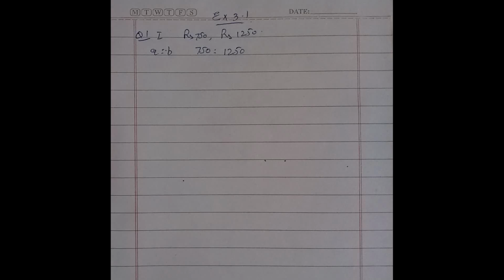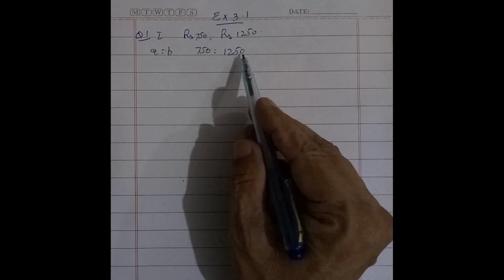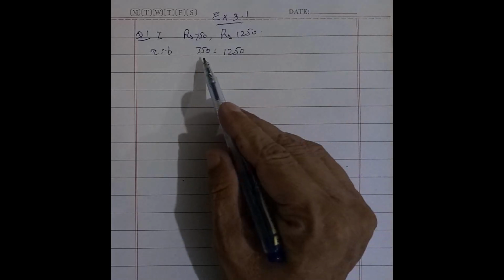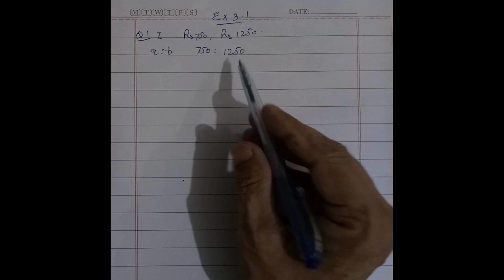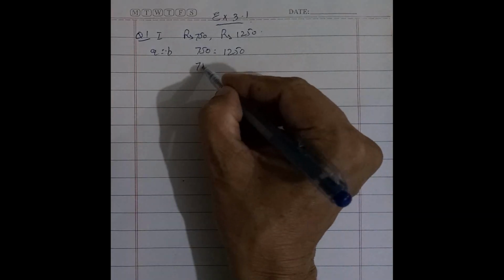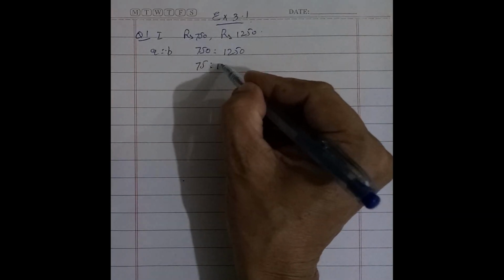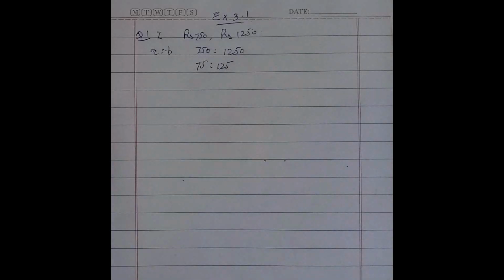Now we cancel these ratios by dividing by any common factor. First we divide 750 by 10 and 1250 by 10, we get 75 ratio 125.